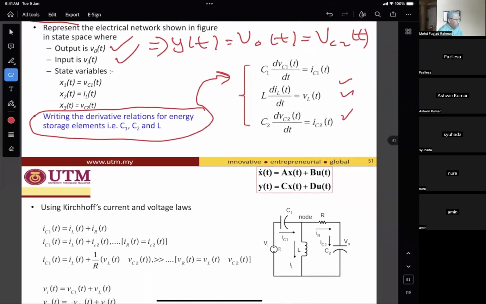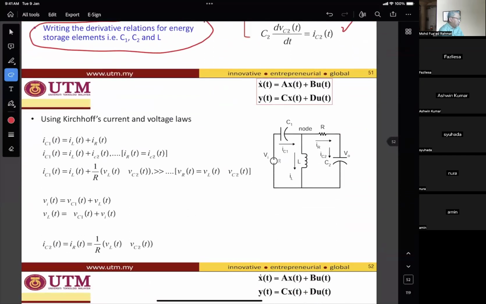Okay. So use Kirchhoff's current law at this node. You can see at that node we have IC1, IR, and IL.